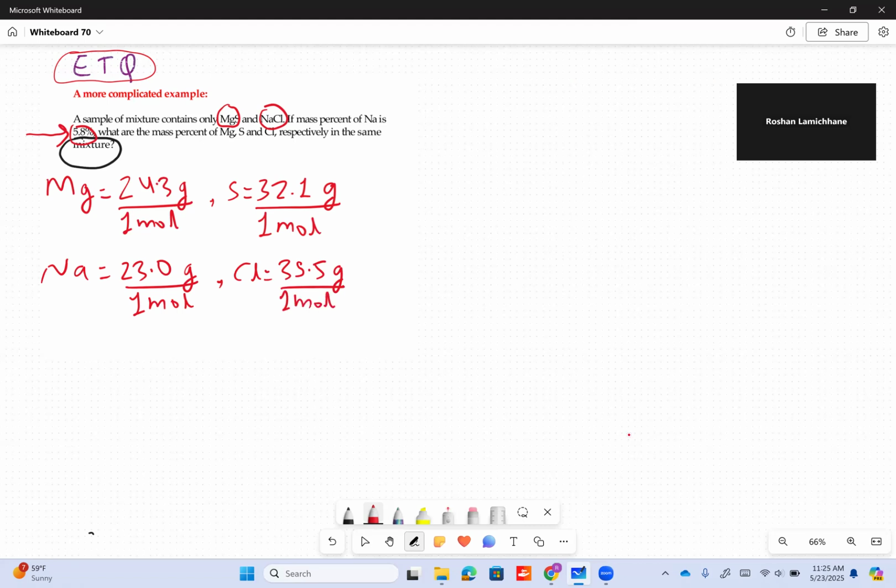All right. First thing I'm going to do, then the next step, I'm going to calculate the mass percent of sodium in sodium chloride. All right, my next step. So let's call this step number 1. Step number 2 is mass percent, and I'll let you know why I'm doing that, of sodium in NaCl.